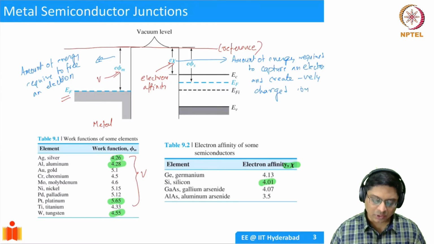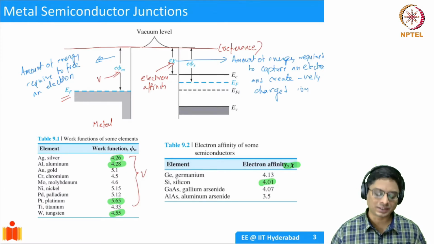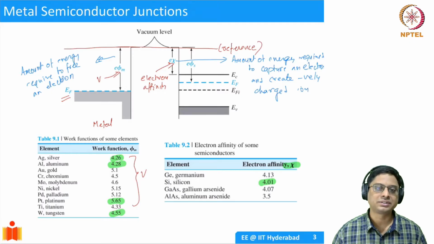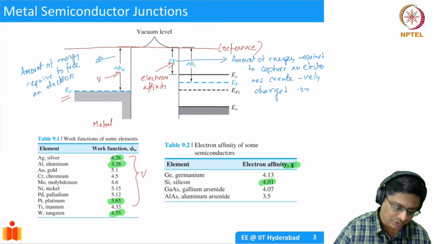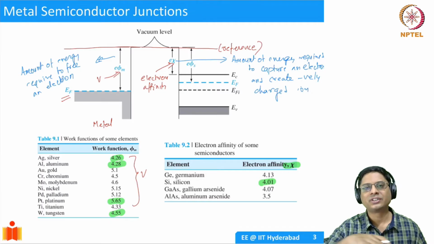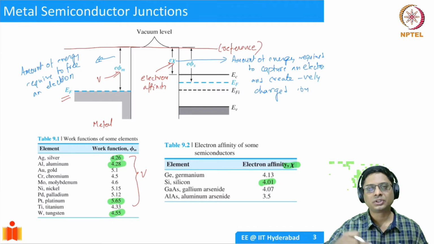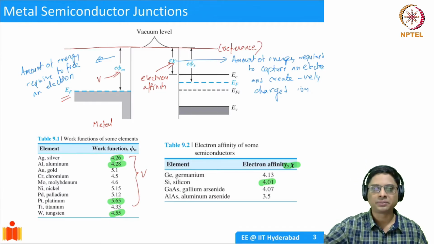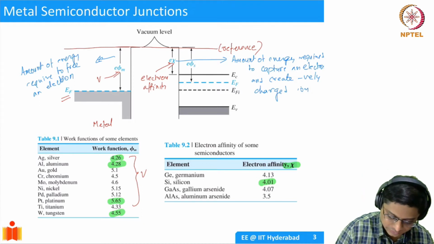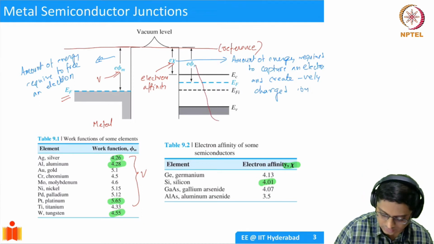Now we can also define a work function for a semiconductor, because a semiconductor also has a certain Fermi energy, and then you can remove an electron from that to free it to the vacuum level. So this phi s is the work function of the semiconductor.